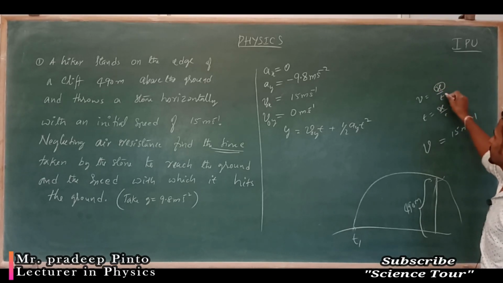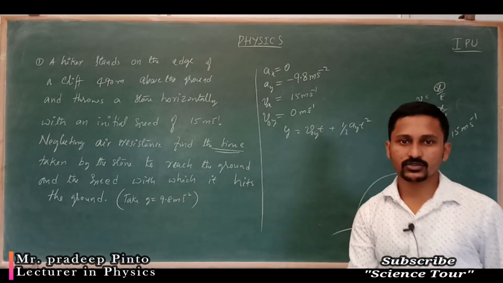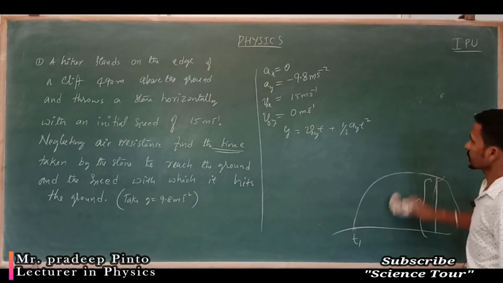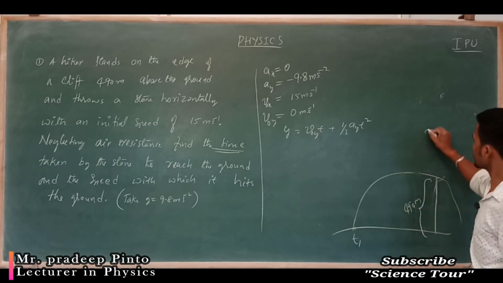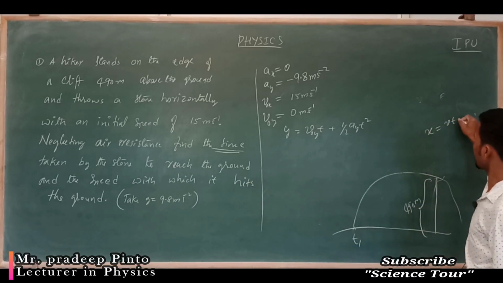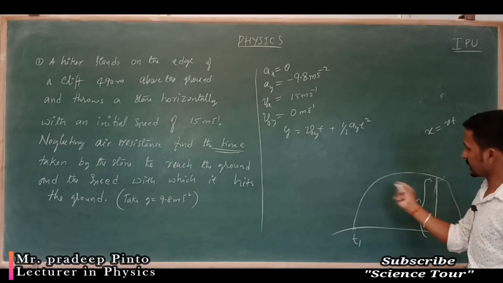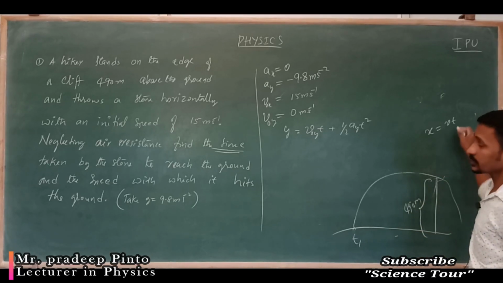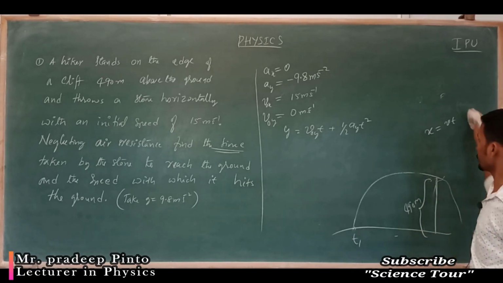You should know x and t to find out here, but here it is not like that. Acceleration we know, so that we can make out. Now velocity is 15 in the x direction. x we don't know, time we don't know, so we can't find it from this.